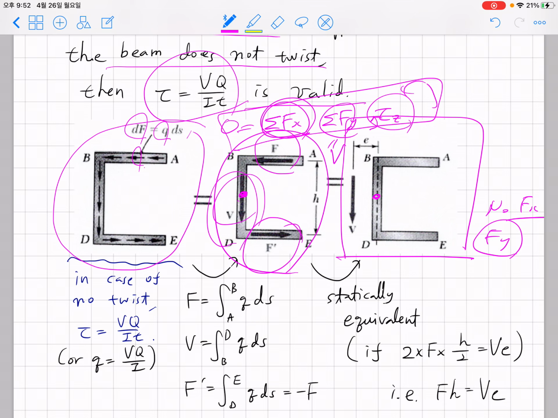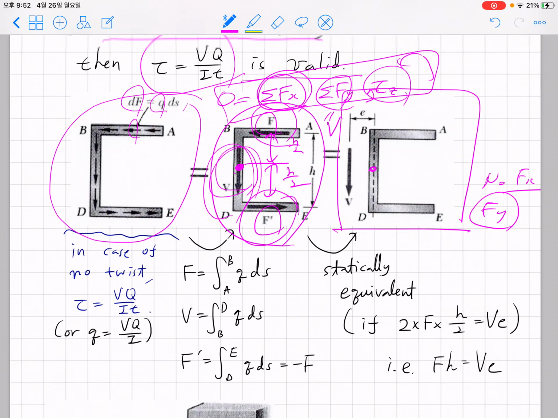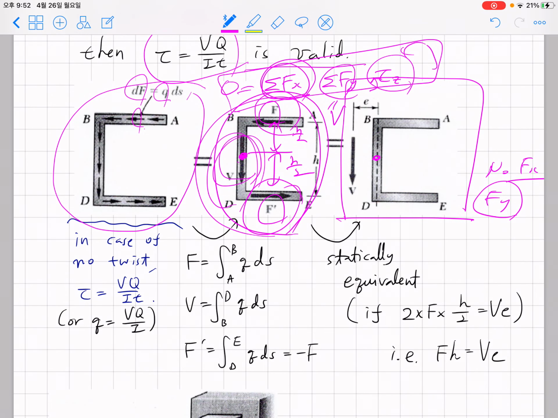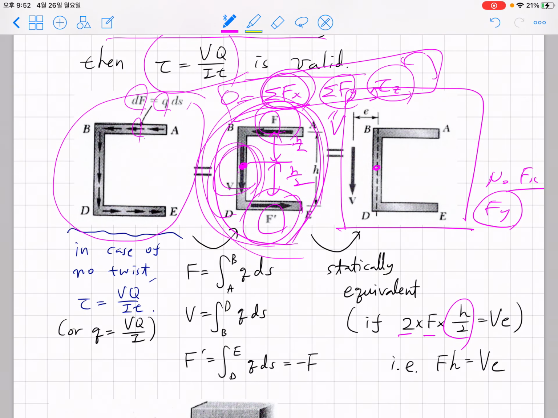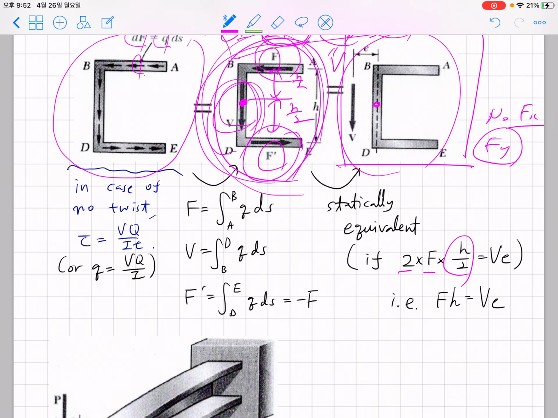There is no torque due to this V, but there is torque due to F here and F prime here, and the distance to the reference point is h/2 here. So the counterclockwise torque for the original problem is 2 times F times h/2, and the torque for the statically equivalent problem is V times e.